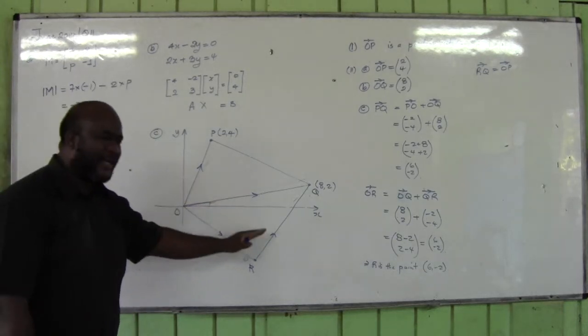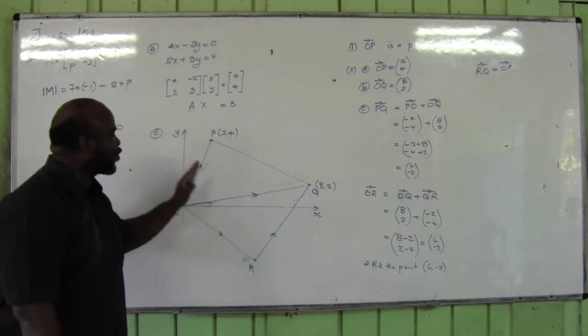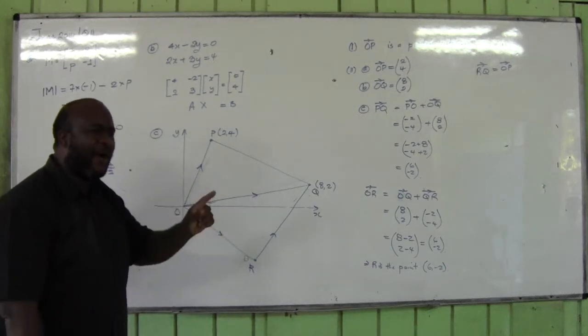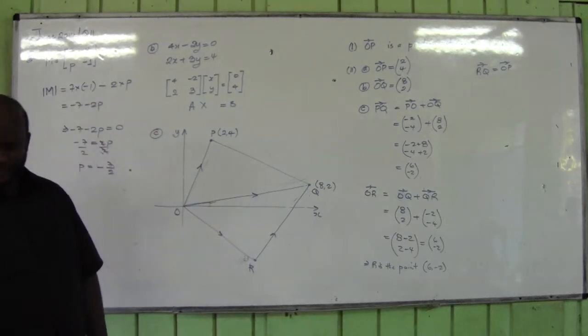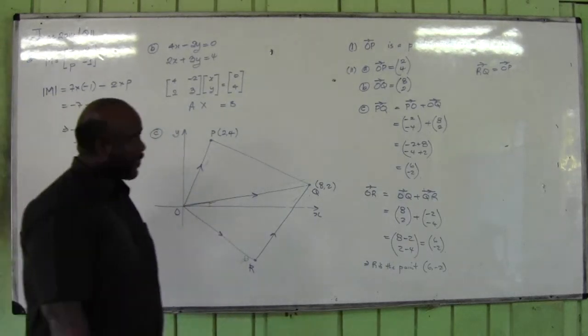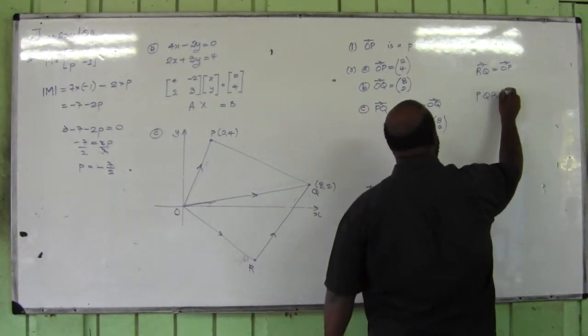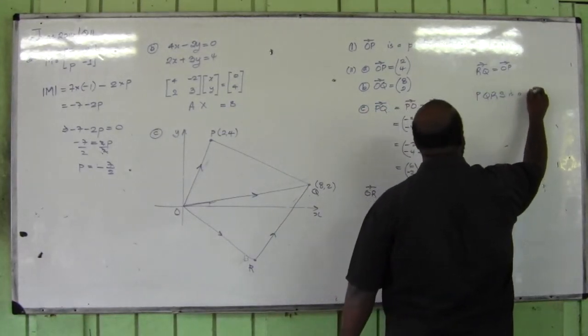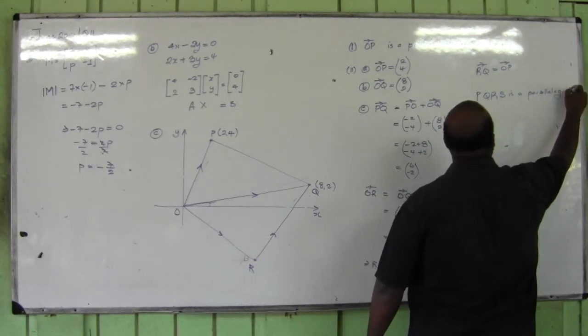If the two vectors are equal, they are also parallel. So opposite sides of this quadrilateral are equal and parallel. What type of quadrilateral is it? It is a parallelogram.